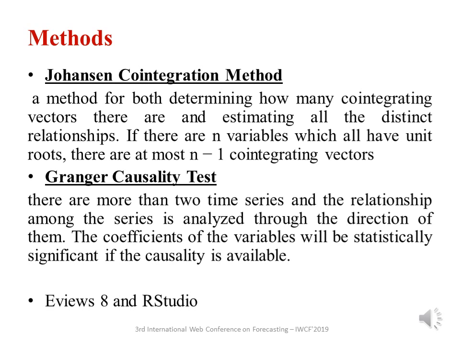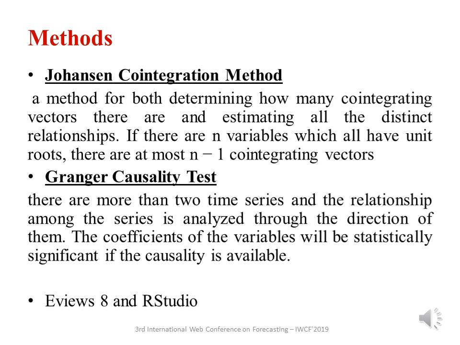The Johansen cointegration method is a method for both determining how many cointegrating vectors there are and estimating all the distinct relationships. If there are n variables which all have unit roots, there are at most n-1 cointegrating vectors.